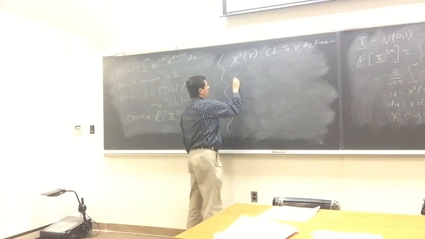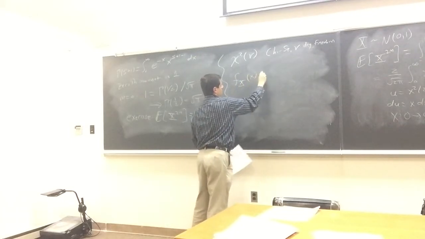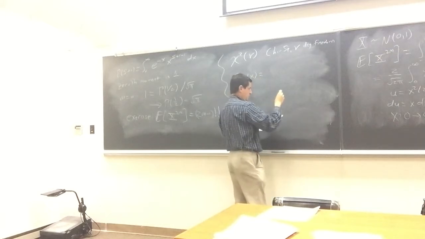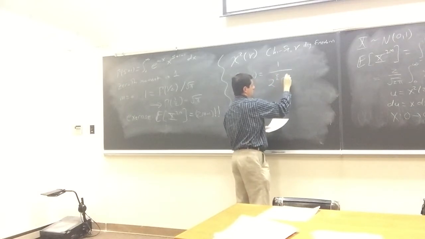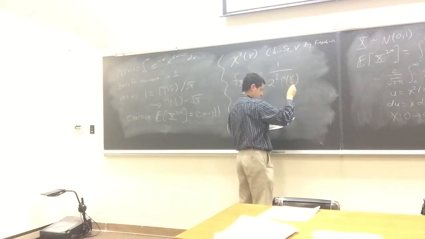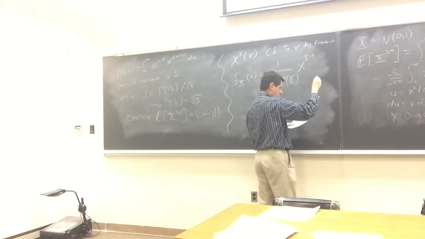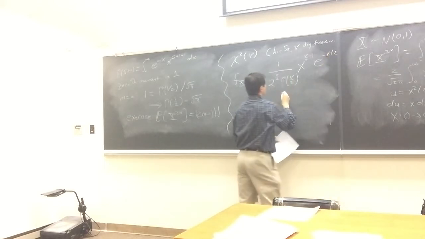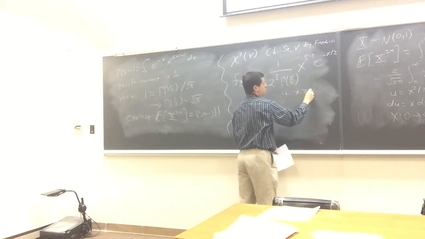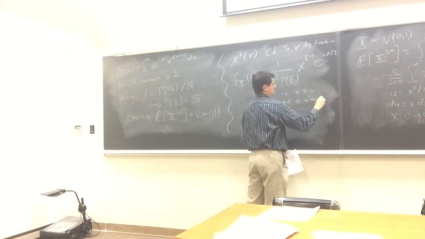All right, so I want my density to be the following. And I just want to make sure I write it correctly. It's 1/2 to the nu halves, gamma of nu halves, x to the nu halves minus 1, e to the negative x/2 if x is greater than 0 and 0 otherwise.